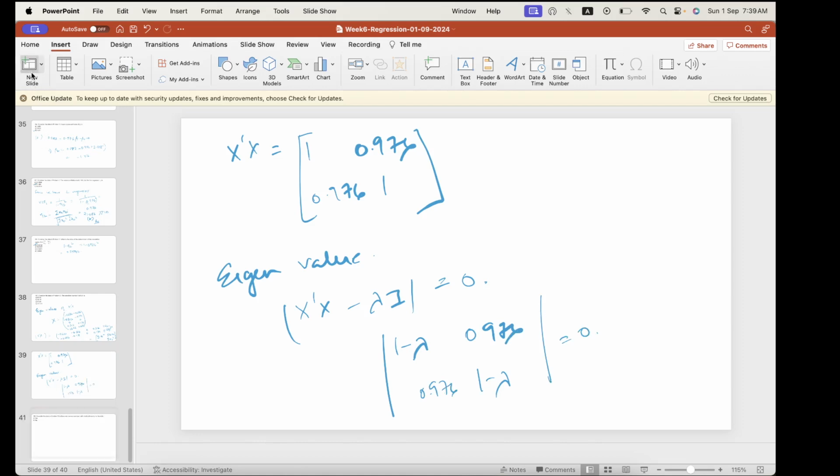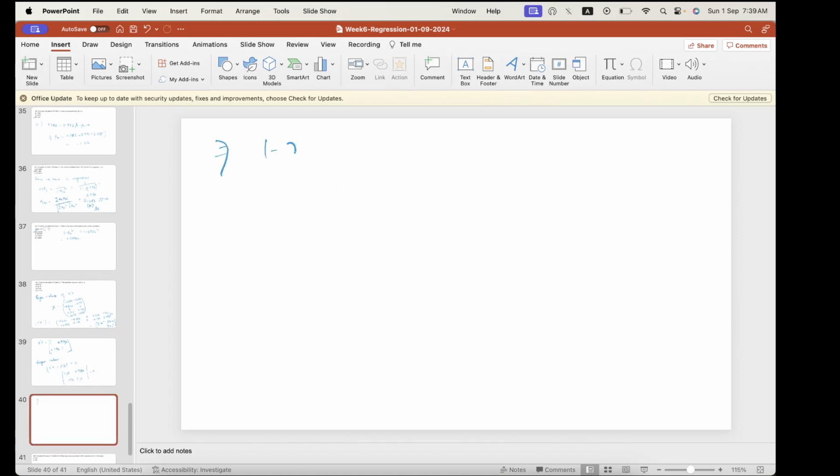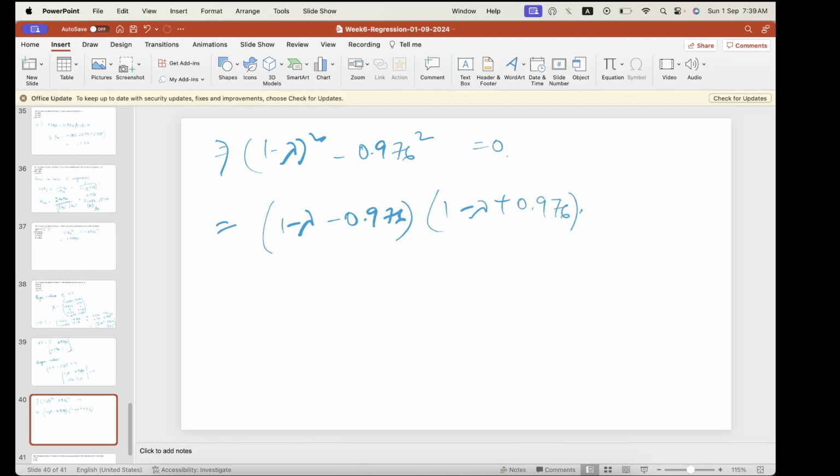So we get 1 minus lambda square minus 0.976 square equal to 0. Okay, so this will be 1 minus lambda minus 0.976, 1 minus lambda plus 0.976 equal to 0.